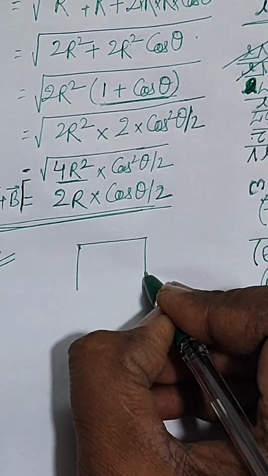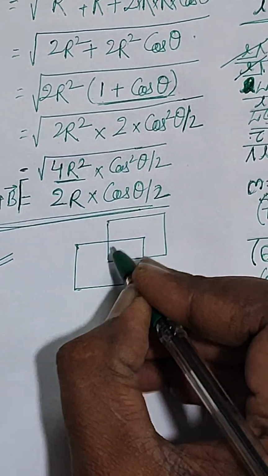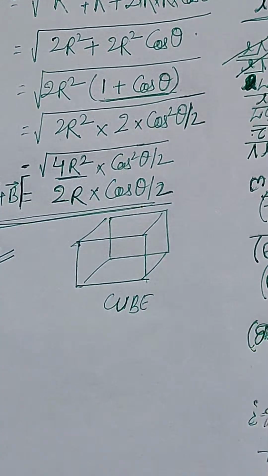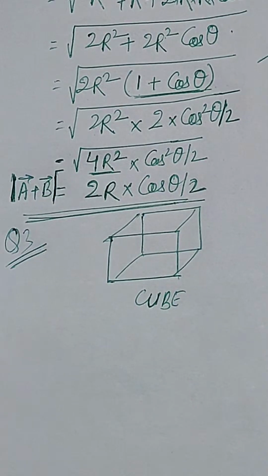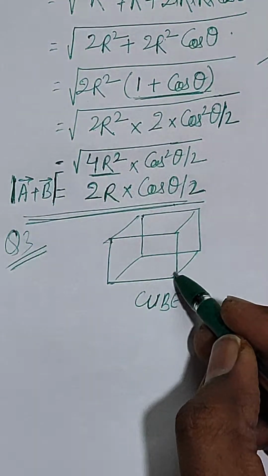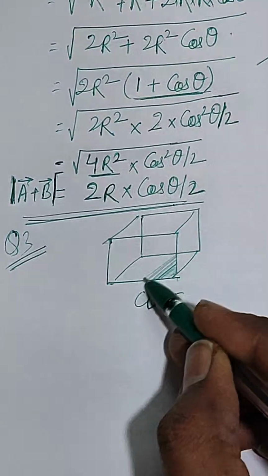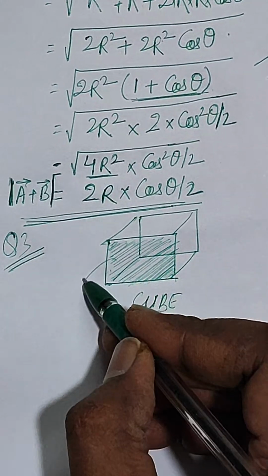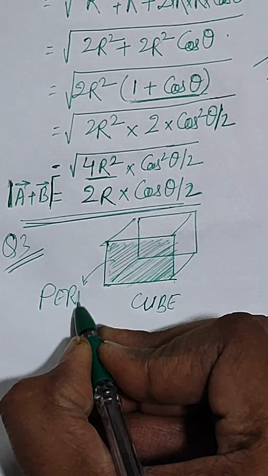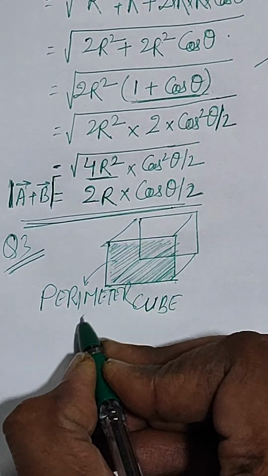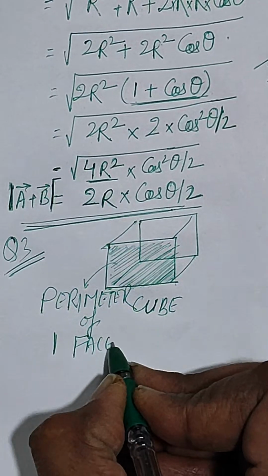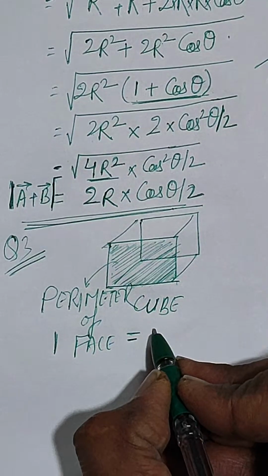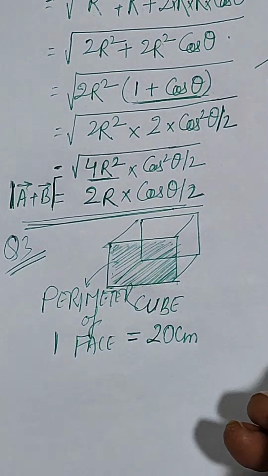There is a cube. And in this question, it has been given that the perimeter of one of the faces, let us say this is the face, this face we are discussing, of this cube is 20 centimeter.